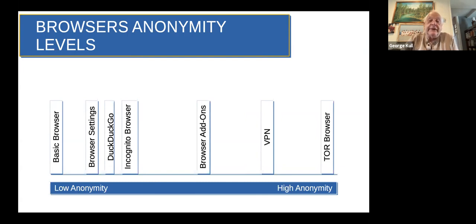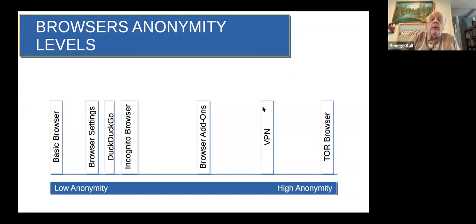The next level of security is the VPN. That's a virtual private network, and this allows you to basically hide where your real location is. The one thing about VPNs is that they do keep information about who you are.